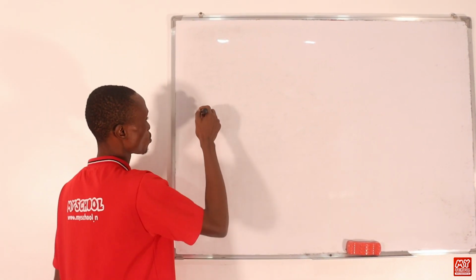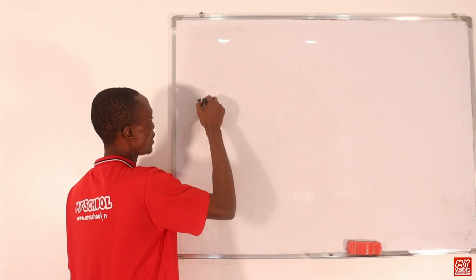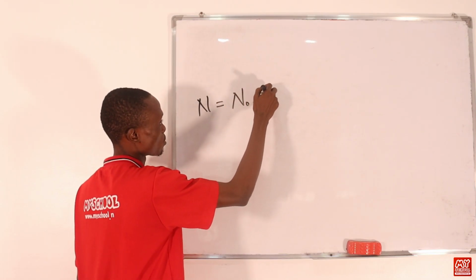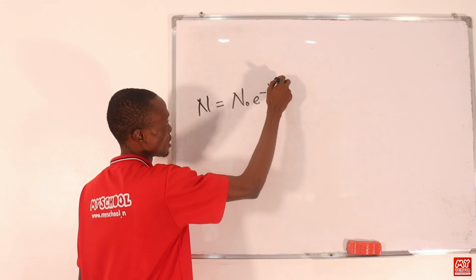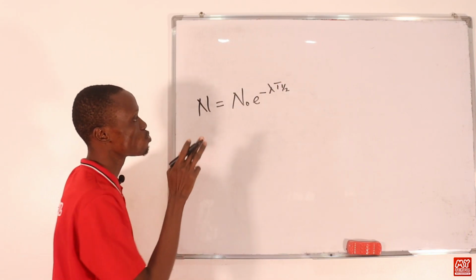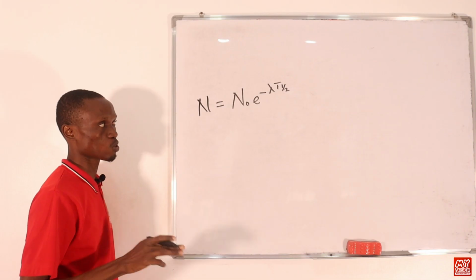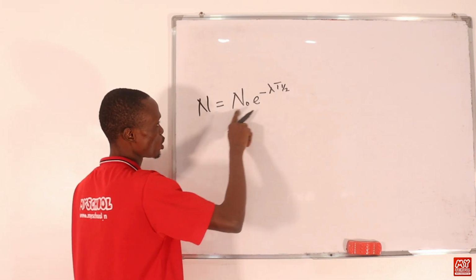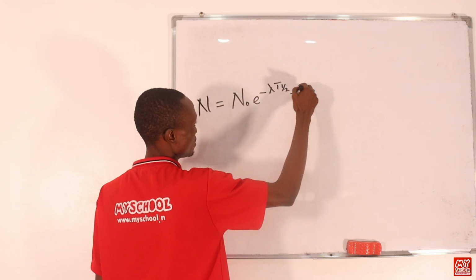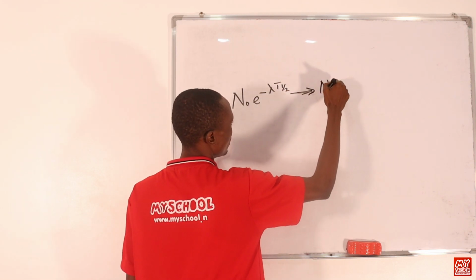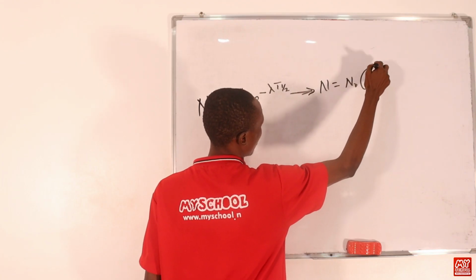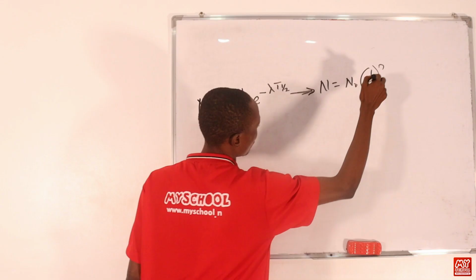Now, one thing you must note is that we are supposed to use N is equal to N naught exponential minus decay constant times half-life. Now, if we are to use this, it's going to take us a lot of time. But just take note that this equation actually implies this: N is equal to N naught, then bracket 1 over 2, then bracket raised to power n.